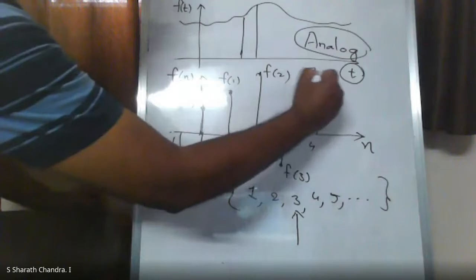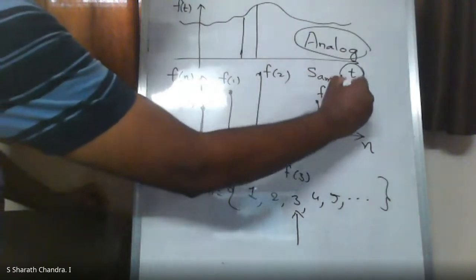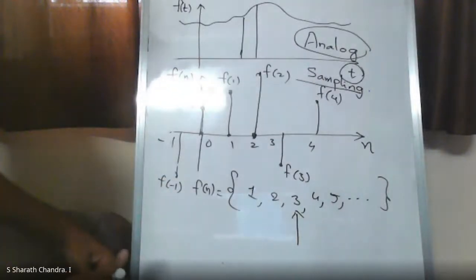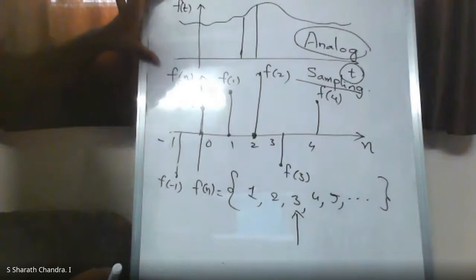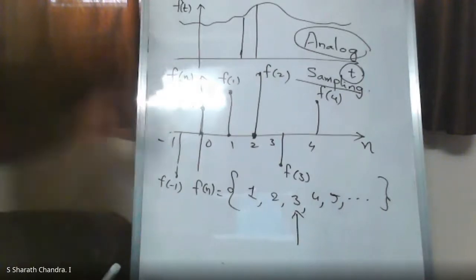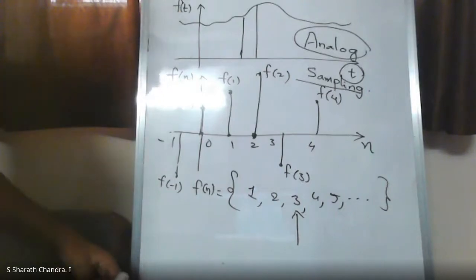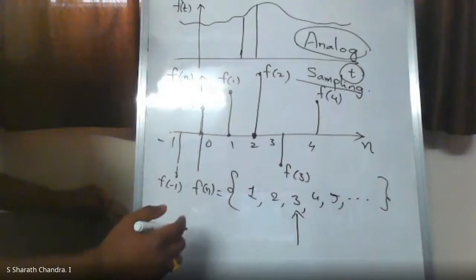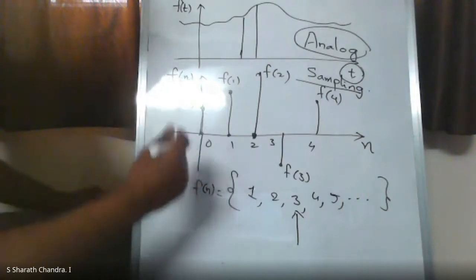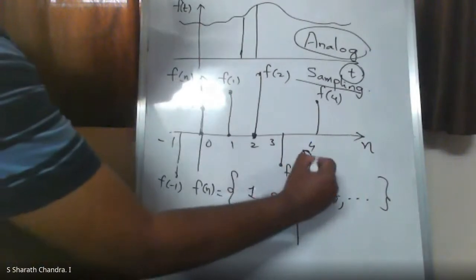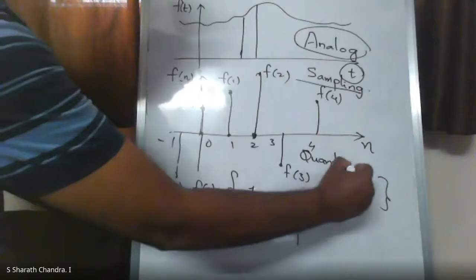We call the process of converting a continuous time signal into a discrete time signal sampling. And the process of conversion of a continuous amplitude into discrete amplitudes, or rounding of the amplitudes to the nearest integer values, we call quantization.